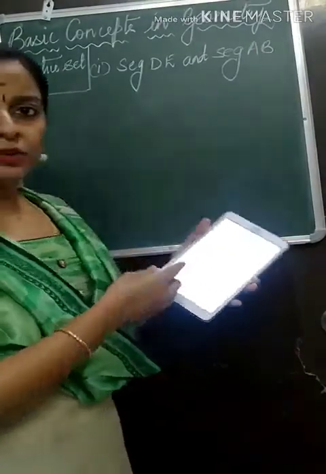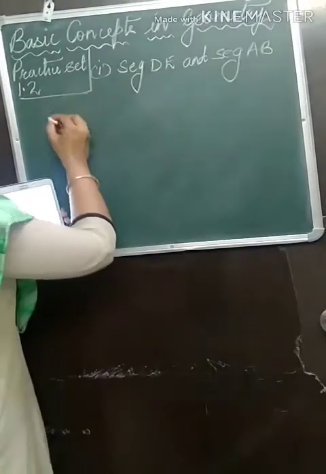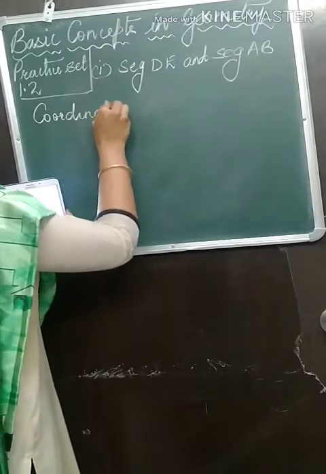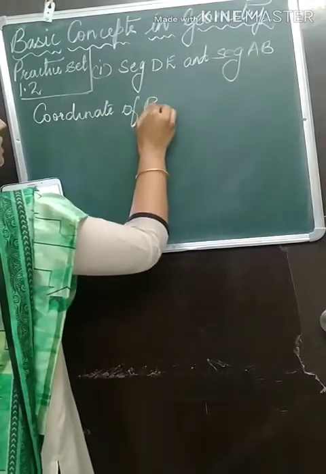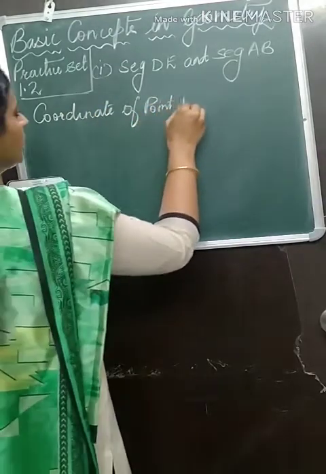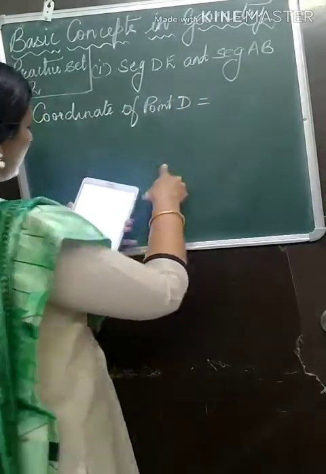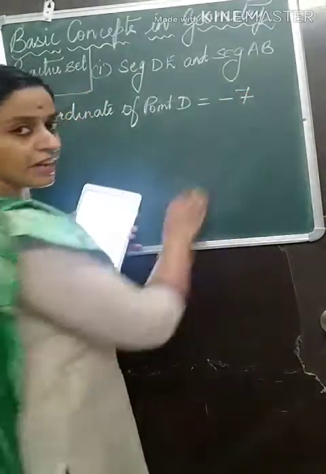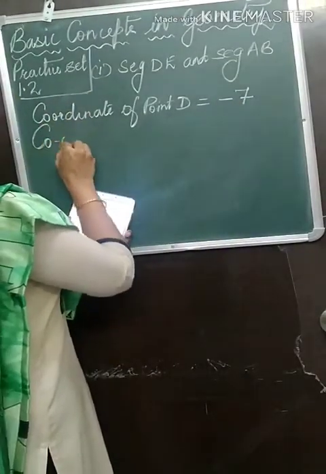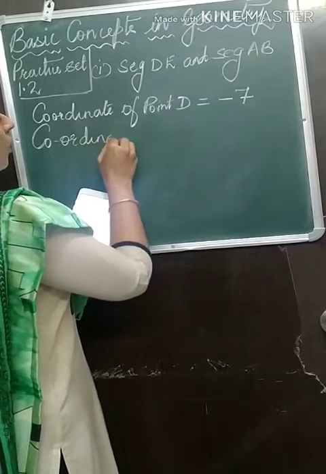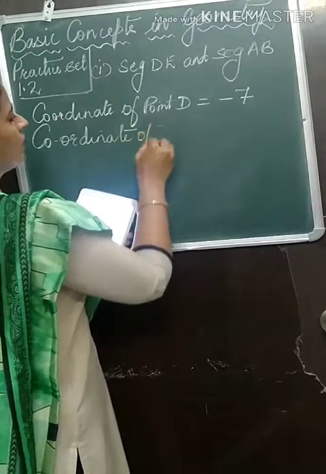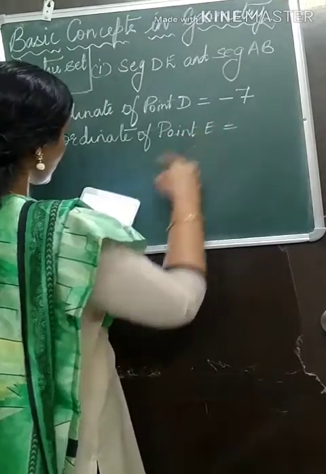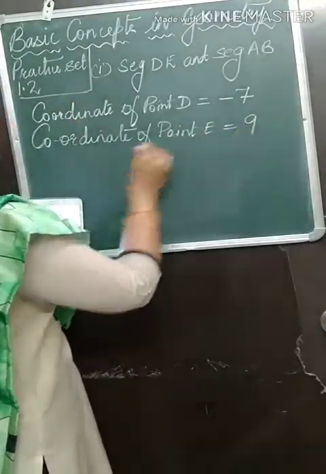Looking at the table, you will write down the coordinate. First, coordinate of point D. What is the coordinate of point D? See the table and say coordinate of point D is equal to -7. Coordinate of point E is 9.